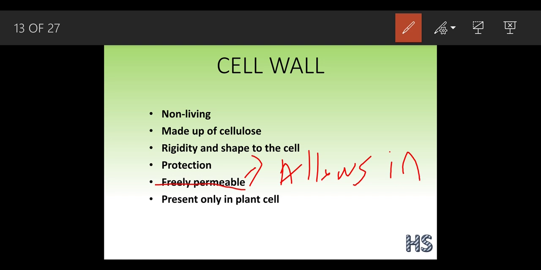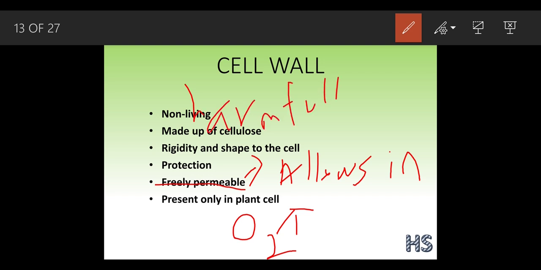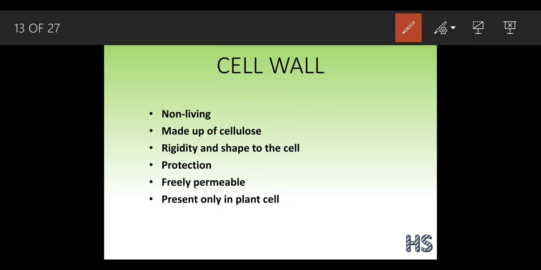Suppose oxygen comes inside a cell, it is going to allow that oxygen. Suppose any waste or any toxic part comes into the cell, meaning harmful waste, then too this cell wall is going to allow it. That means freely permeable. Here the word permeable means allowed, and freely means it is going to allow each and every one inside.